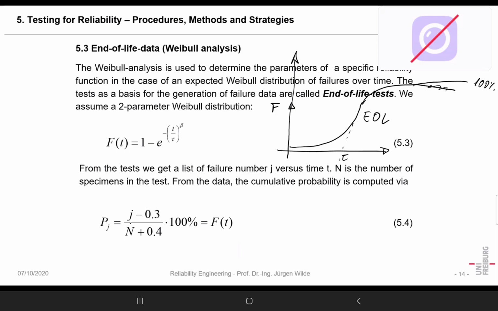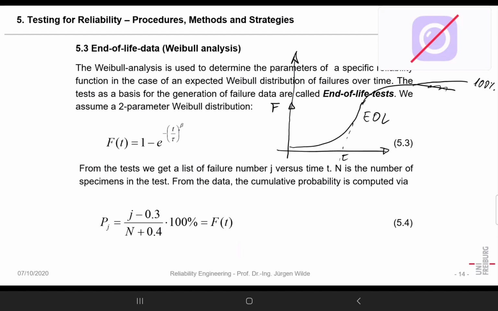And so we take j minus 0.3 divided by n plus 0.4. So for the very first failures, we make a certain correction to that f of t value. It's not really important for us, but it's done. And in that way, that f of t curve is determined.